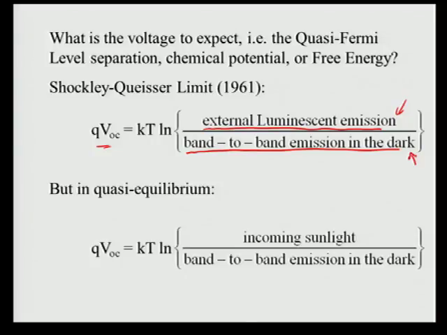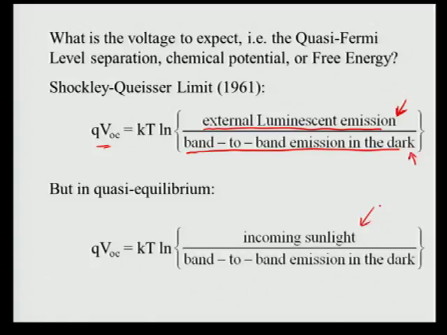And so Shockley took another step. He said, look, the ideal solar cell, the photons come in, they excite electron-hole pairs. Ideally, you don't lose them, so the only thing they can do is recombine and throw the photons right back at the sun. And he said that would be the ideal situation. And so if that's the case, the external luminescent emission for the ideal case would actually be equal to the incoming sunlight.